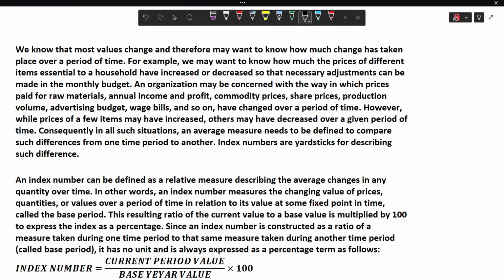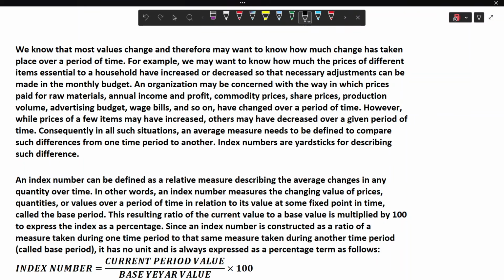In an organization, one may be concerned with the way in which prices paid for raw materials, annual income and profit, commodity prices, share prices, production volume, advertising budget or wage bills, and so on have changed over a period of time.